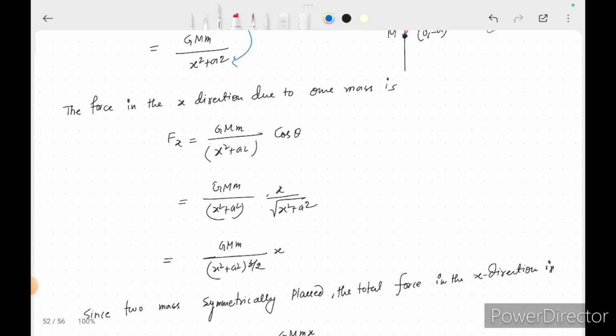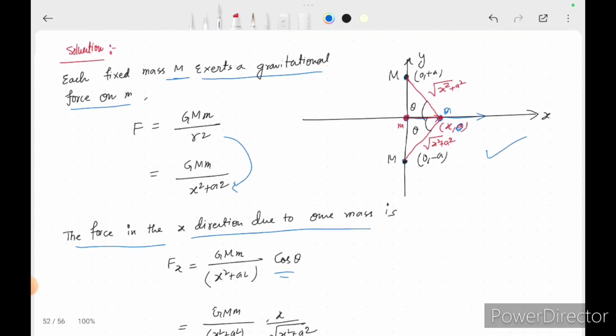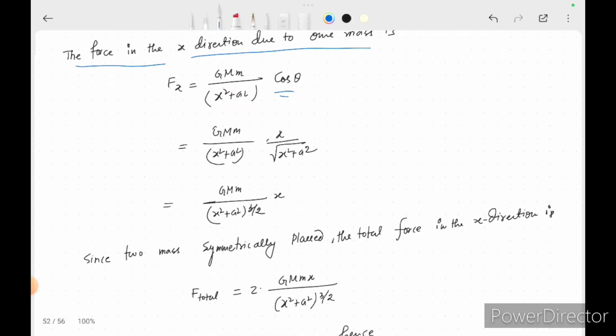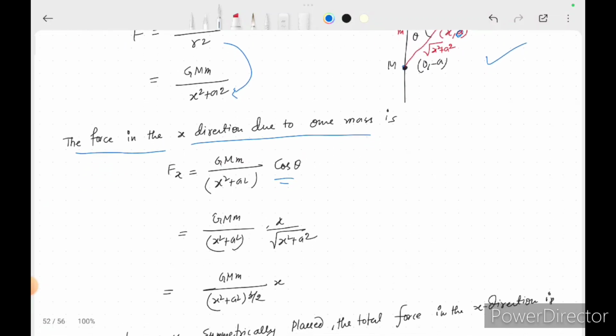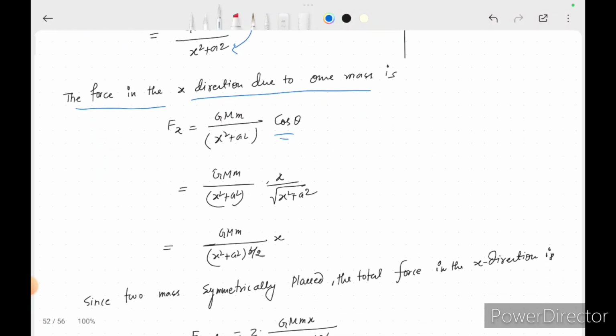We just calculate along the x direction. We multiply with cos theta, and we get the value of cos theta from this geometry. This part is very easy. Cos theta equals x upon root under x square plus a square.